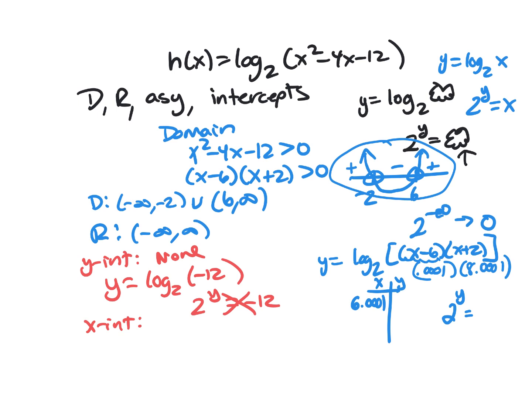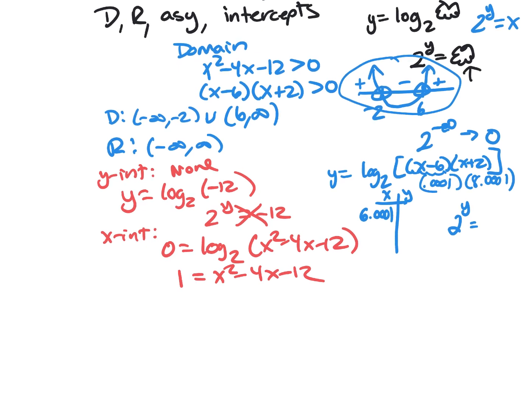So for the x-intercept, 0 equals log base 2 of x squared minus 4x minus 12. How do I solve for x here? You change it to exponential form, 2 to the 0, which is 1. And usually you pray you can factor it. It seems like often you can't. So then, unfortunately, we've got the quadratic formula. Well, fortunately, we have this.